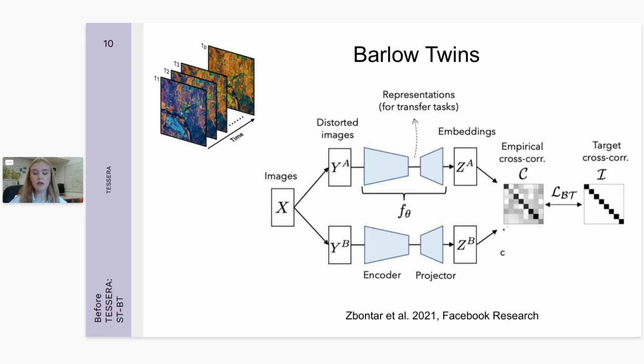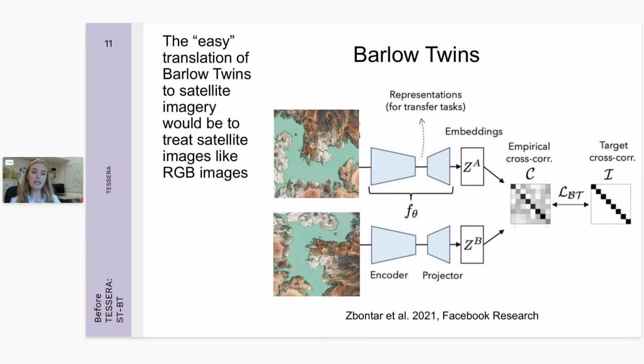So if we think about this learning mechanism and we think about the geospatial context, a really easy interpretation would be to treat satellite imagery like RGB images. And we see this often in translations of computer vision approaches to the geospatial realm.